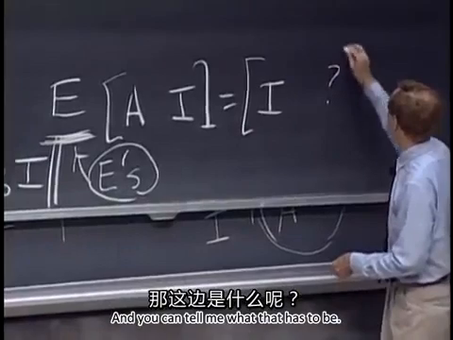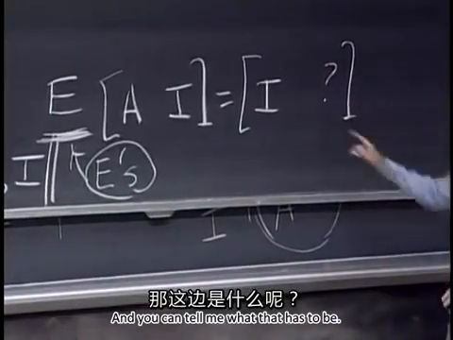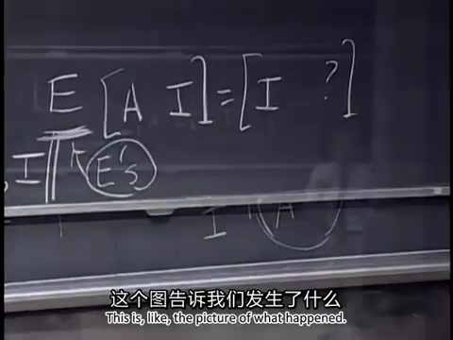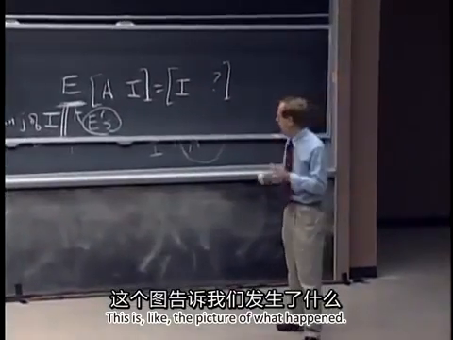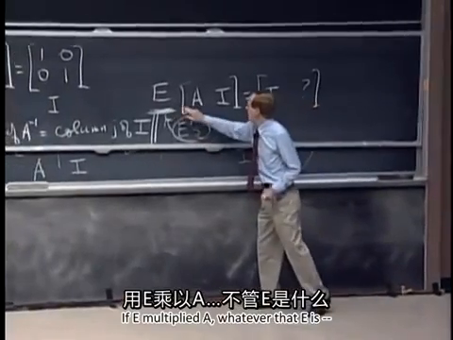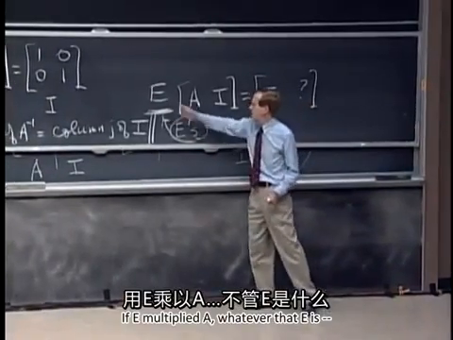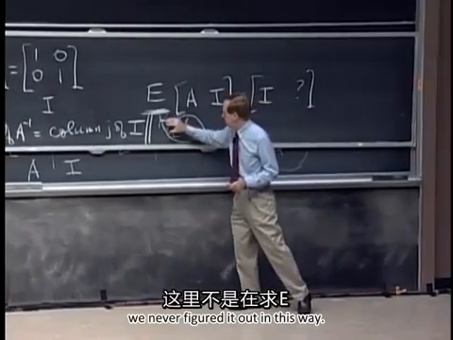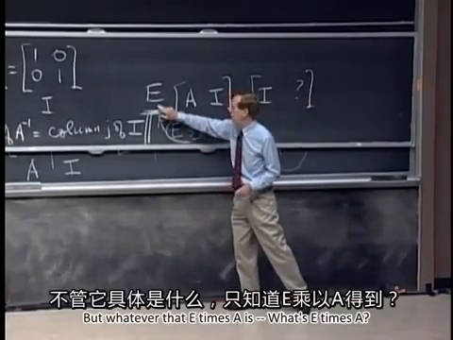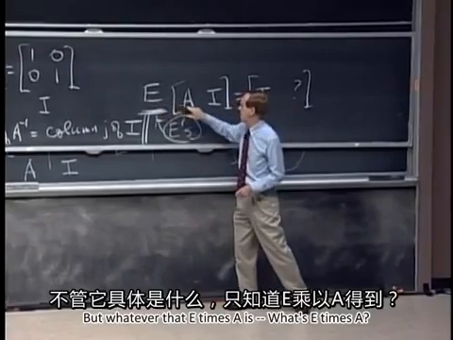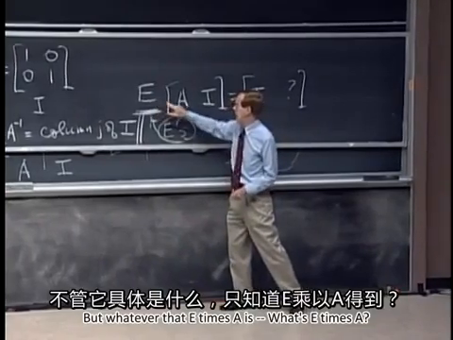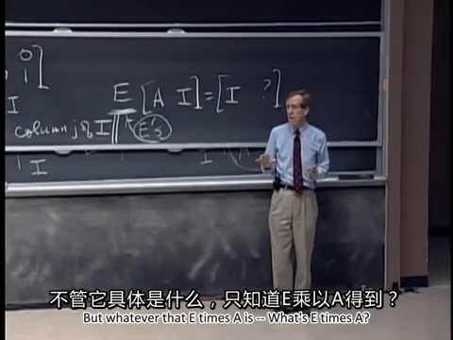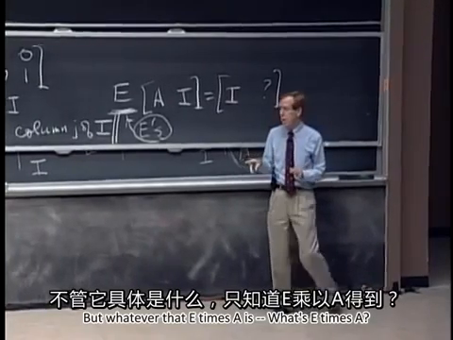And you can tell me what that has to be. This is like the picture of what happened. E multiplied A, whatever that E is, we never figured it out in this way. But whatever that E is, E times A is... what's E times A?